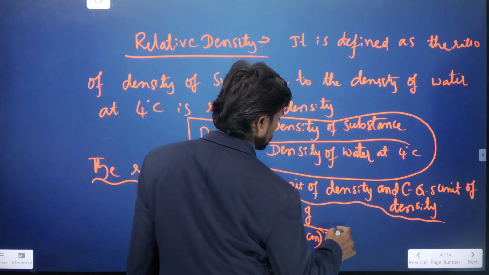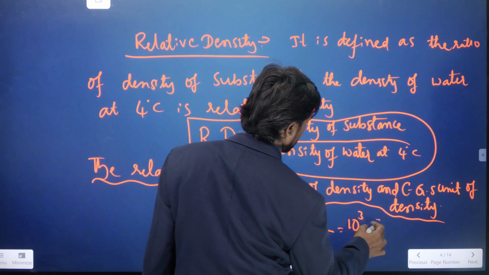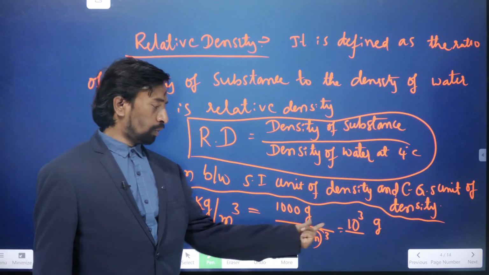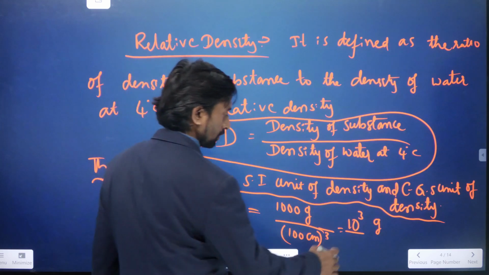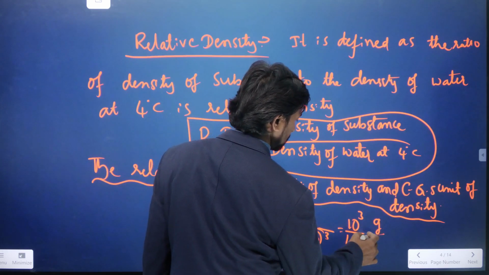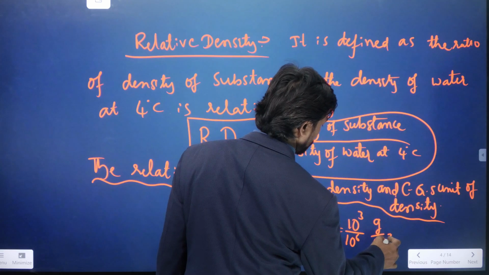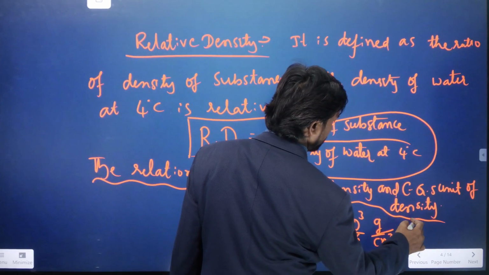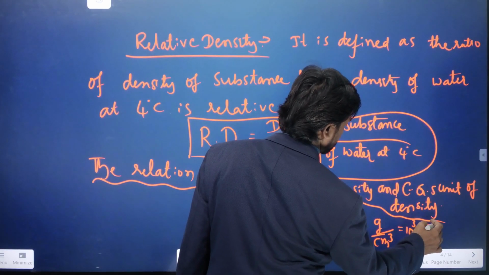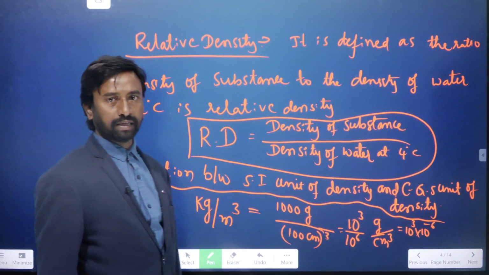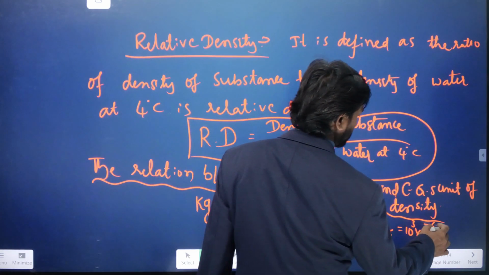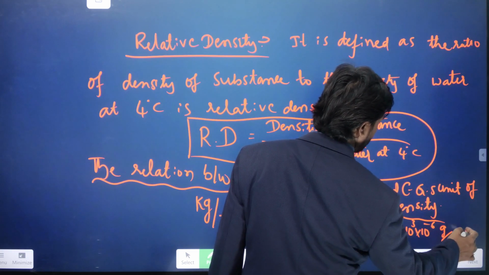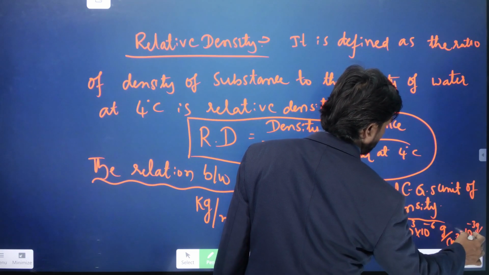So this can be written as 10 to the power of 3 grams divided by 10 to the power of 6 centimeter cube, since 100 whole cube is 10 to the power of 6. Sending the 10 to the power of 6 to the numerator, it becomes 10 to the power of minus 3 gram per centimeter cube.